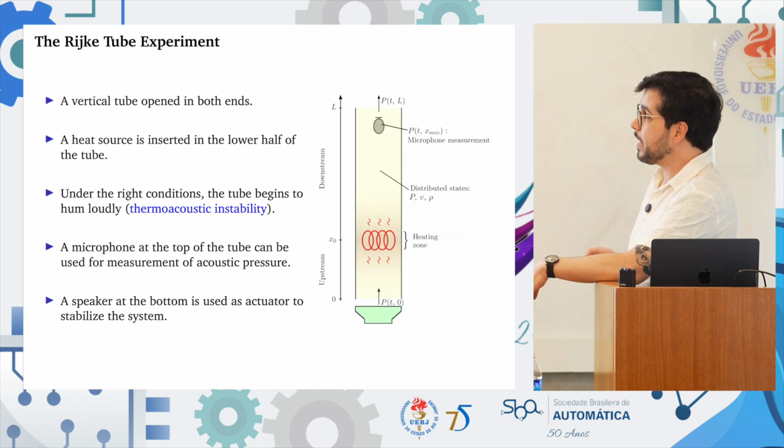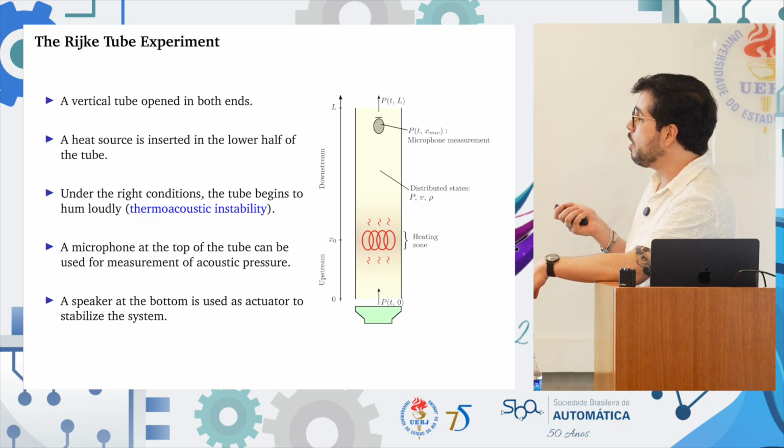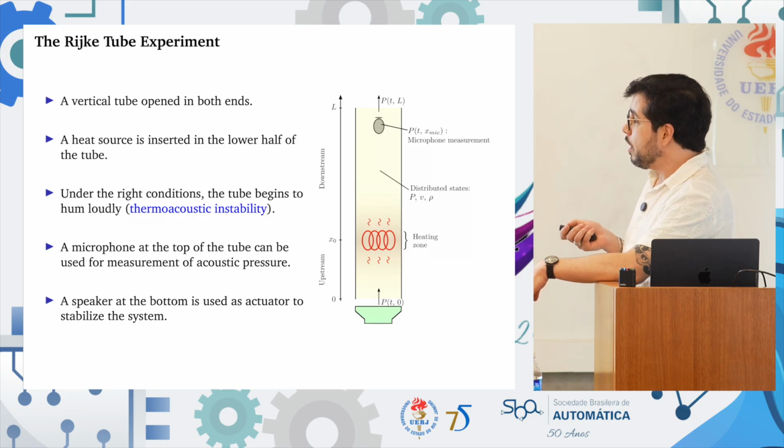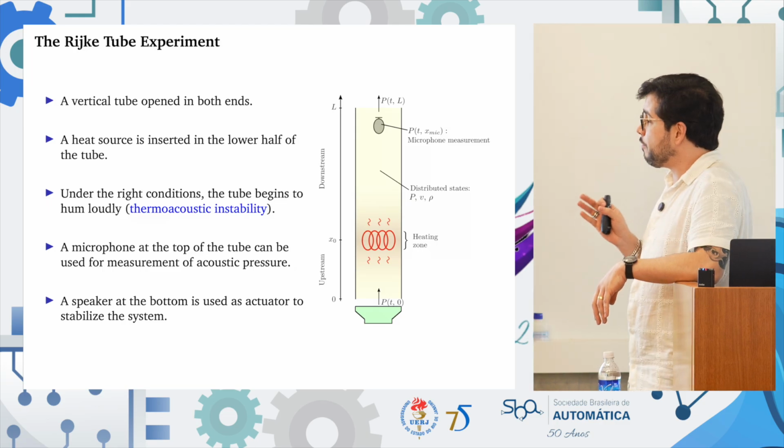So basically, this is a modern Rijke tube because we added a sensor and an actuator. We have a vertical tube open at both ends and a heating element, usually in the lower half of the tube. The phenomenon is the following.